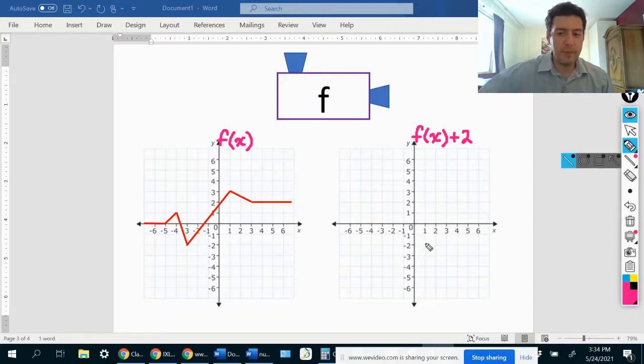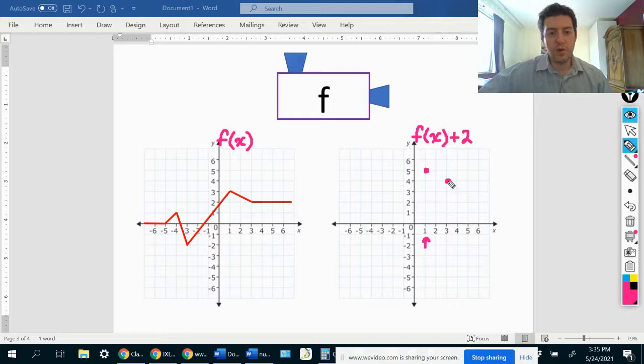So if we put in the number 1, then again, we know from before that the function machine is going to give us the number 3. Okay? But then if we take that 3 and add 2 to it, we would get 5. What happens if we put the number 3 into the function machine? Well, we know from before it is going to give us the number 2 out. But then if we add 2 to that, we would get 4.